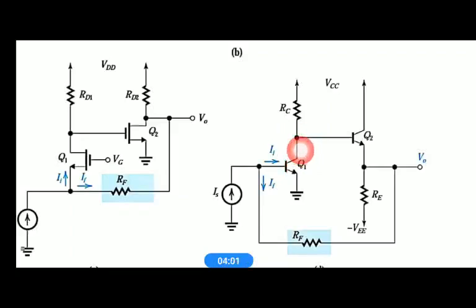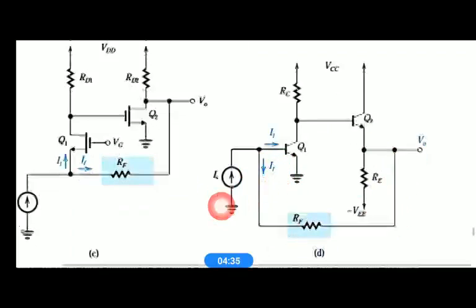Since it is reduced, the second NPN BJT, Q2, conducts less. Since the current flow here is reduced, the output voltage will get reduced. Since the output voltage is reduced, the current IF will increase. Hence the feedback current IF is increased when Is is increased.